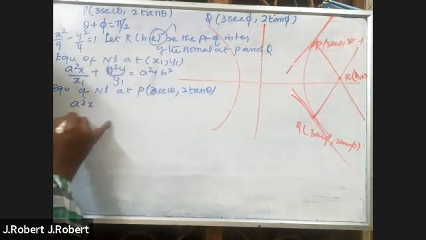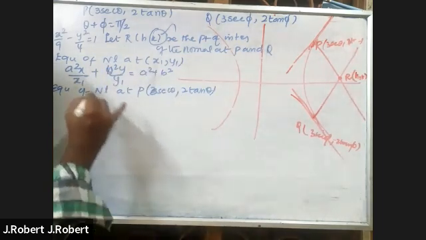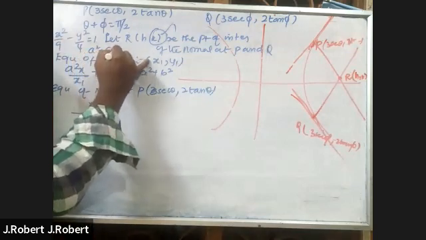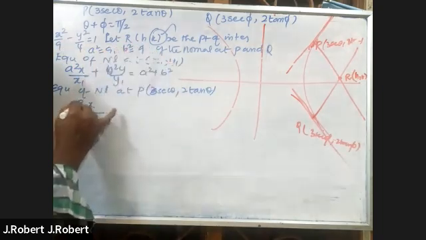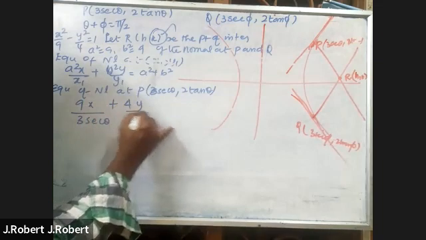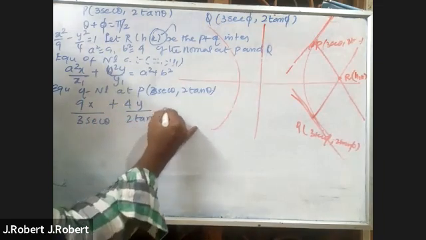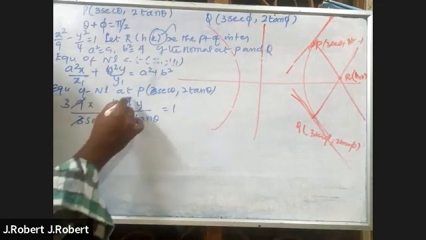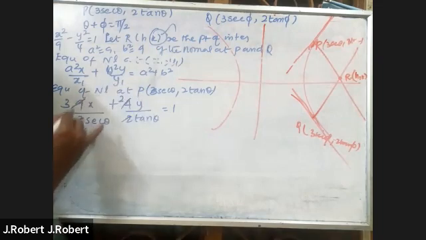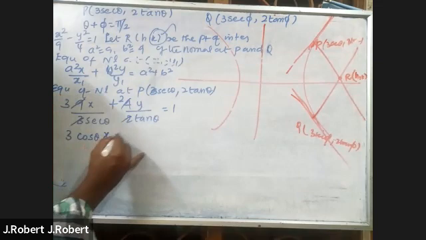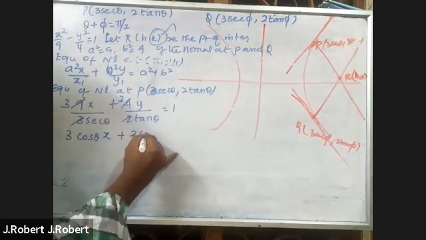Here a square is 9 and b square is 4. Substituting, 9x by 3 secant theta plus 4y by 2 tan theta equals 13. Simplifying, 9 by 3 is 3 and 4 by 2 is 2, and 1 by secant theta is cos theta into x, and 1 by tan theta is cot theta.